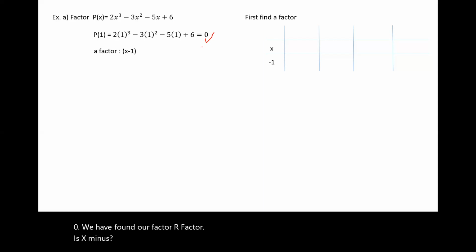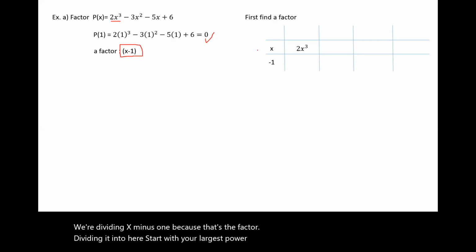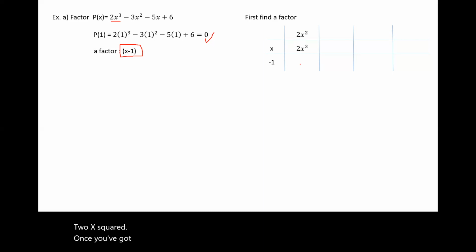So backwards box, here we come. We're dividing x minus 1. Why? Because that's the factor. Dividing it into here. Start with your largest power of x. What do you multiply x by to get 2x cubed? 2x squared. Once you've got that, you should be able to fill in the bottom part of the box.